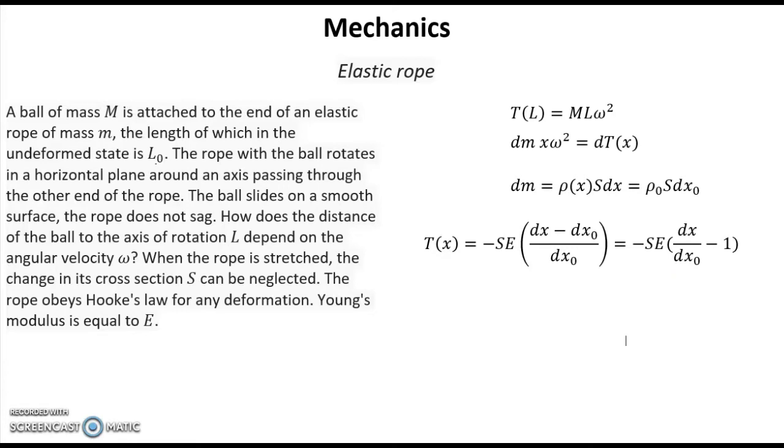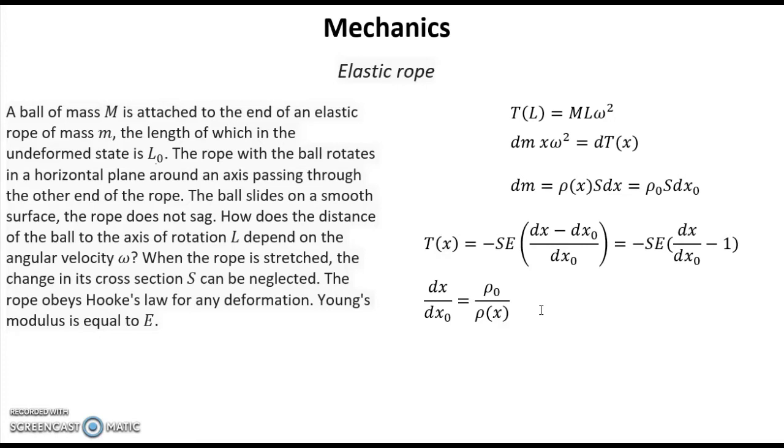But on the other hand, we can write how this relation dx over dx0 is connected to linear density. Of course, it's inversely proportional to length, which we can take from this equation. So we have dx over dx0 equal to rho 0 over rho as a function of x.